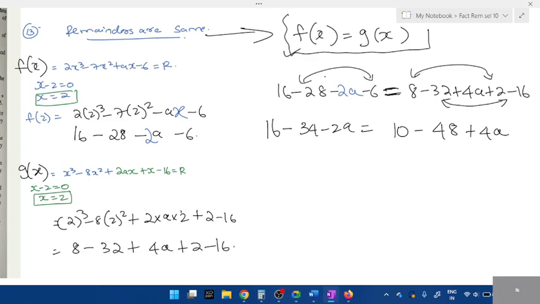If it is wrong, you have to work on the basics, students, addition, subtraction. 16 minus 28 plus 2a minus 6. Okay, let me check.